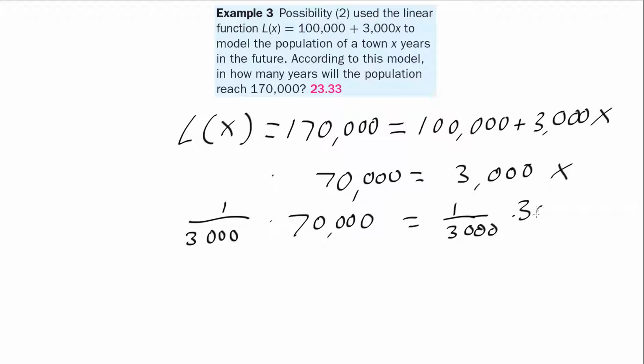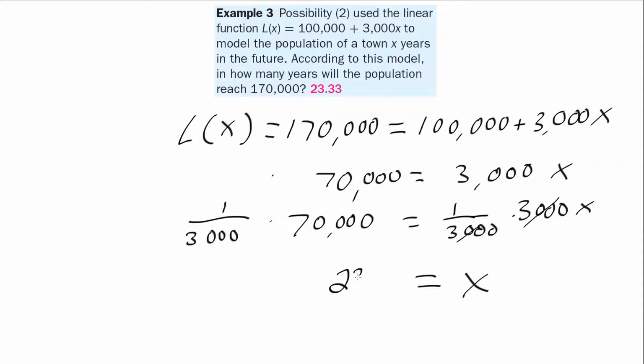The 3,000s are going to cancel. I'm going to be left with x, and I want to know what 70,000 divided by 3,000 is, and I get that it is basically 23 and a third, or 23 repeating, or we can just simply go with 23 as they do up here.